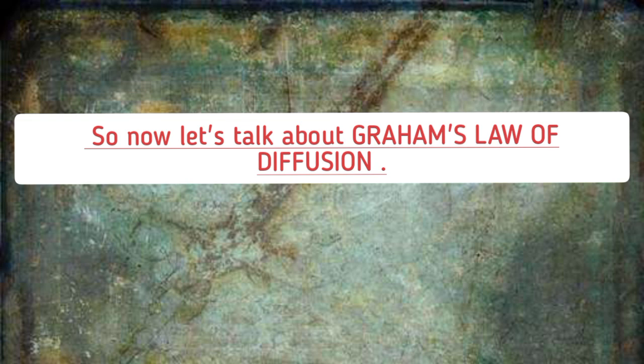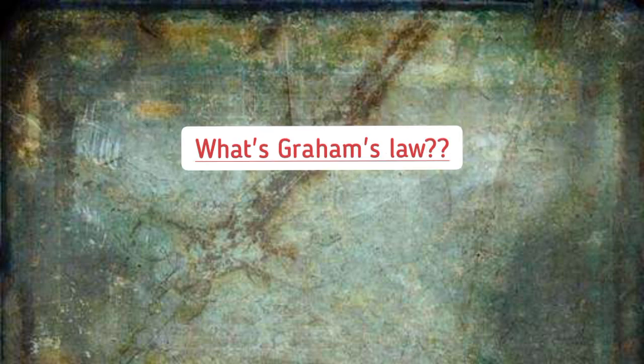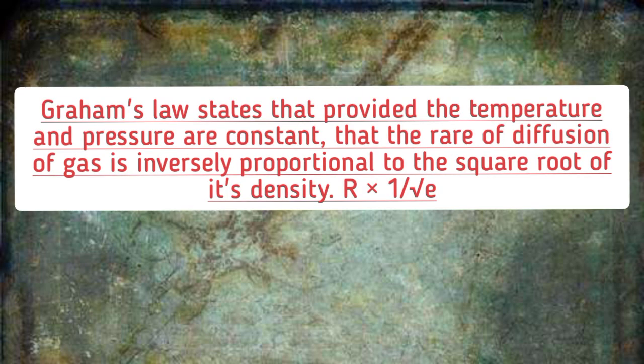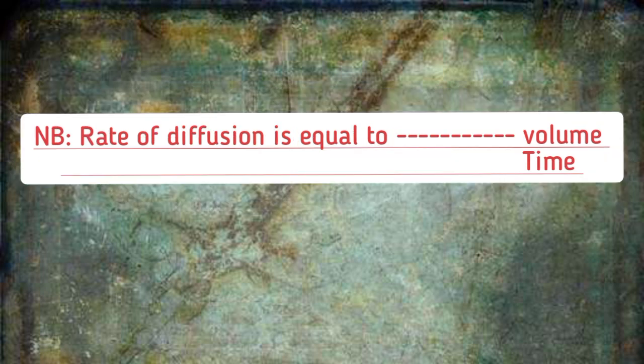Now let's talk about Graham's law of diffusion. Just take note, in this channel we just bring back what you've read, it's revision. So Graham's law states that provided the temperature and pressure are constant, the rate of diffusion of a gas is inversely proportional to the square root of its density, which is R equals 1 all over square root of E. That is Graham's law.